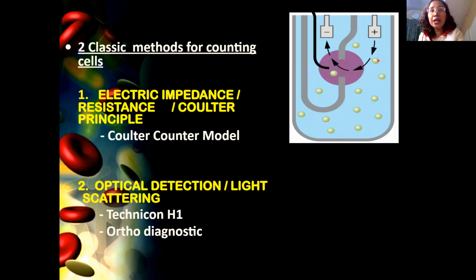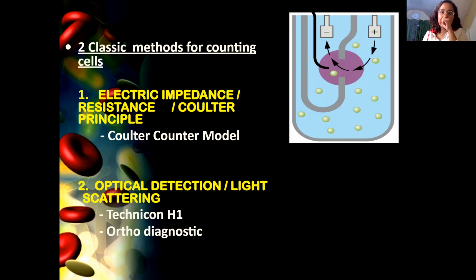Guys, once your cells will pass through the detector, it will resist the flow of electric current. Kumbaga, pipigilan niya, it will impede. So, if this is the flow of electric current, guys, pag may dumaan na cell, titigil yung electric flow.